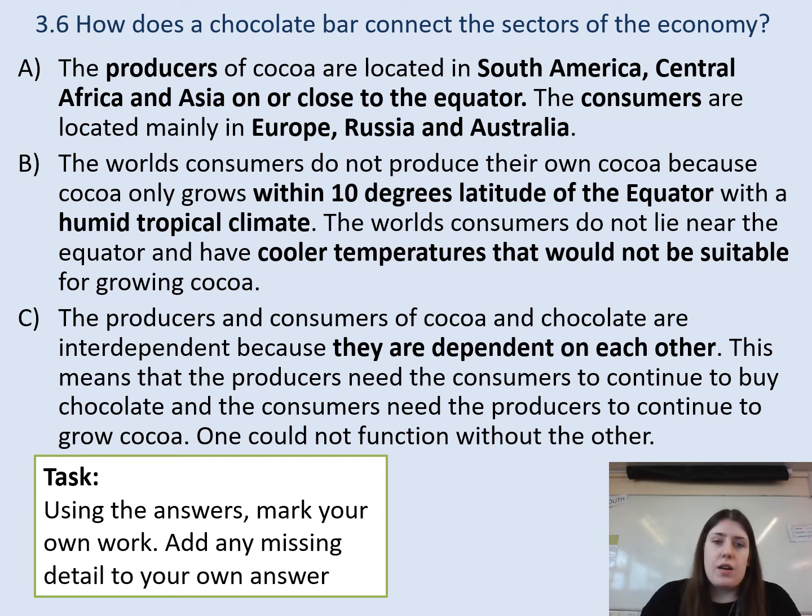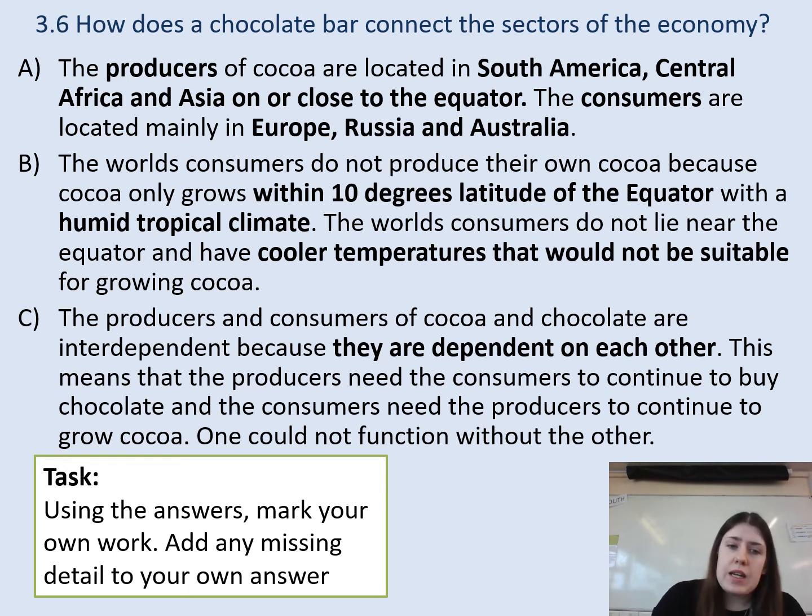So it's not going to be easy. We also have lower temperatures. Right now, it's very, very cold, and to produce cocoa, you need to have temperatures above 15 degrees. So it's all to do with the temperatures and how far away or close you are to the equator.